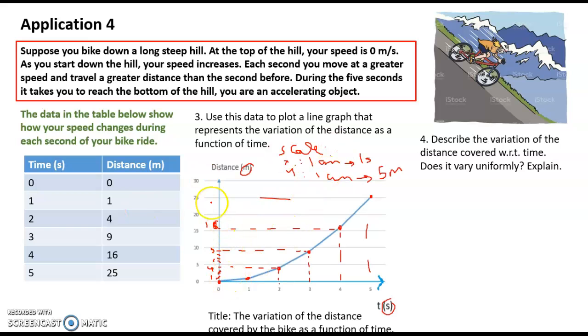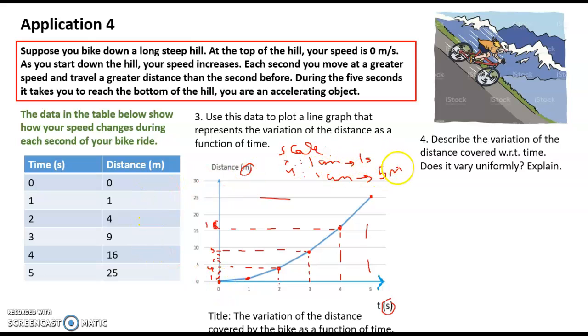Plotting the points, we take a convenient scale: every 1 centimeter is 1 second on the time axis, and every 1 centimeter is 5 meters on the y-axis for the distance. We plot each point: 2, 4, 3, 9, and so on. To know how to place the points, we divide the given value by the scale.